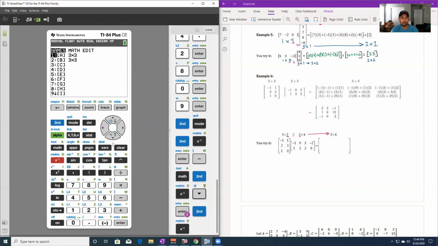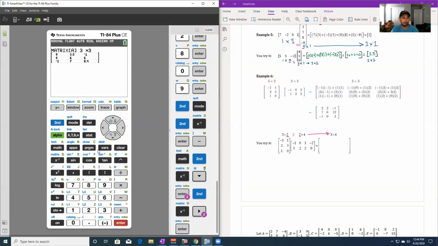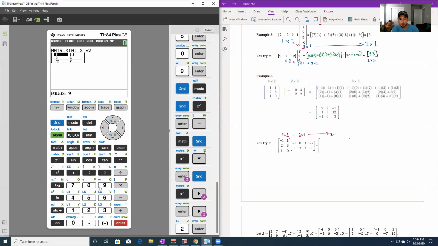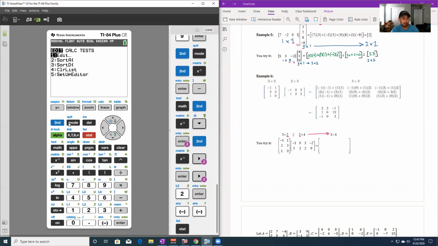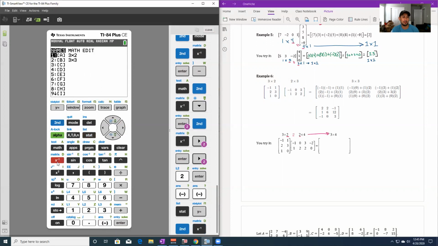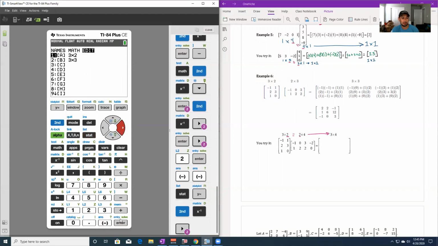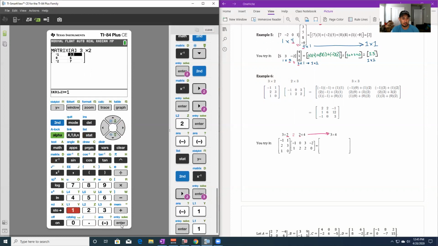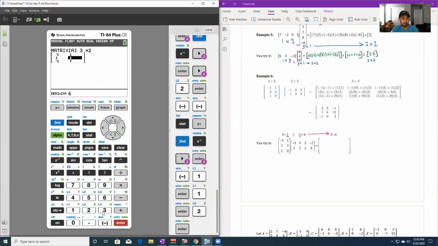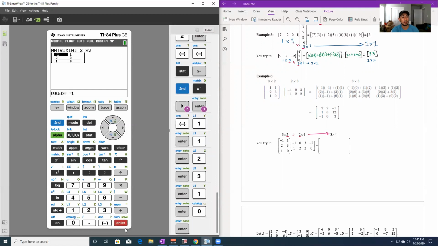Okay, which means let's go back to this one. Second matrix. Edit. This was a 3x2. All right. So -1, 1, 2, 3, 1, 0.